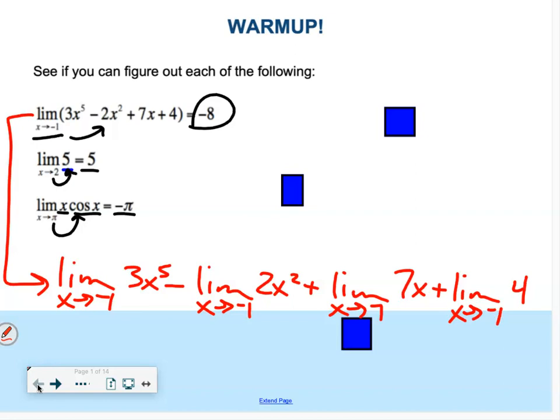If I took each of these limits separately and added them together, I would get the same thing as if I just plugged it in all at once, right? So those first two properties are just saying, the limit of the sum is the sum of the limits. So if you have it all in one, or if you separate them out, you're going to get the same thing either way.